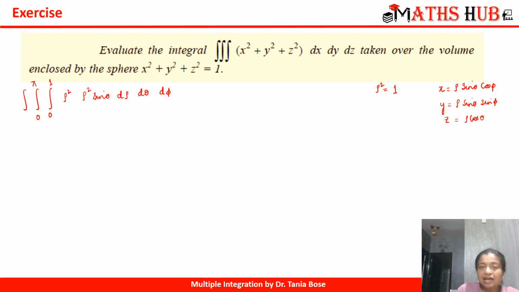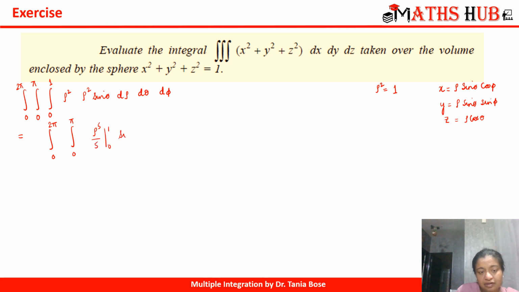Phi is the angle made in the cylindrical coordinates. So that will be from 0 to 2 pi. Now when I solve it, the innermost integral is with respect to rho. So I have 0 to 2 pi, 0 to pi constant. Integration of rho square is rho to the power 5 by 5, 0 to 1.